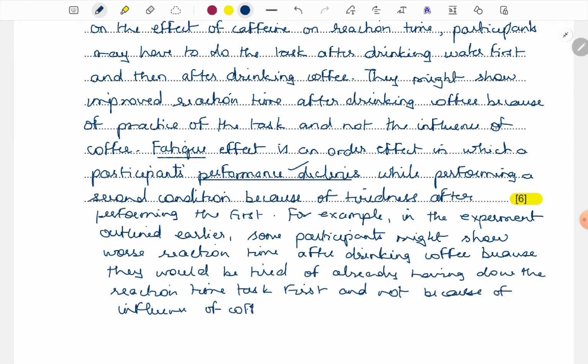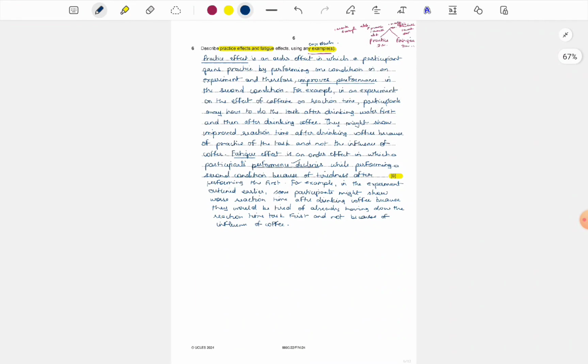So again, you can see my example is elaborate enough, so I don't need to explain anything further. Elaboration is inherent in the example. Structure is the same as I've given for practice effect.